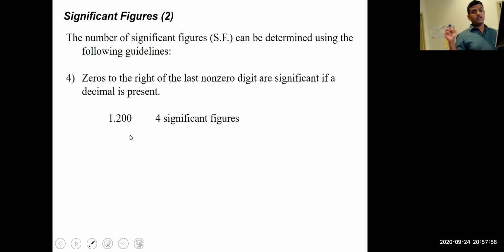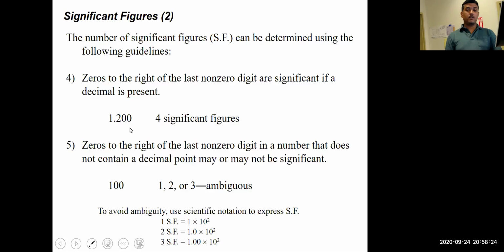Remember, the last digit is always the uncertain digit. So this number is significant, this number is significant, and you are only uncertain about the last 0. By having the zeros even after the decimal, we are saying we are confident to the third decimal place in this number. So zeros after a decimal are always significant.